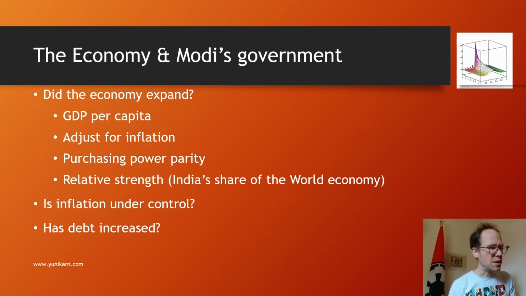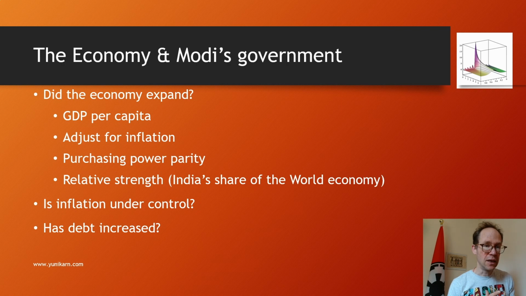Then I will ask, is inflation under control? Of course, people that visit India will notice that inflation is still an issue, but do we see any stabilization in this period? Inflation is an issue, in particular when it comes to elections. It seems to be a very strong predictor.